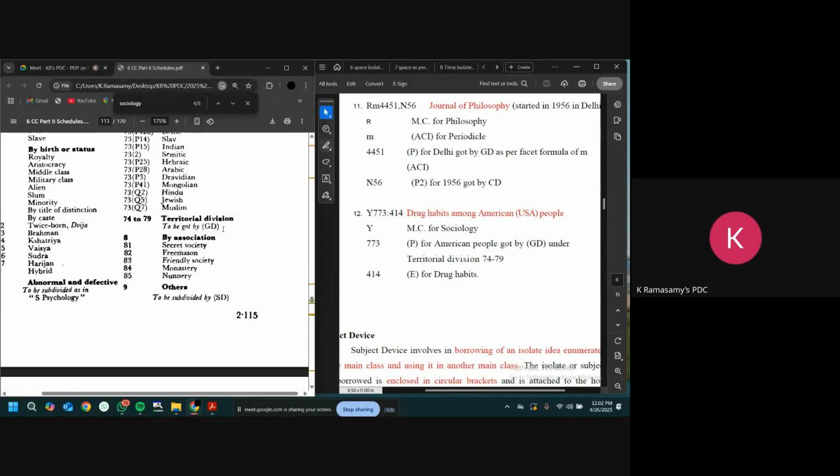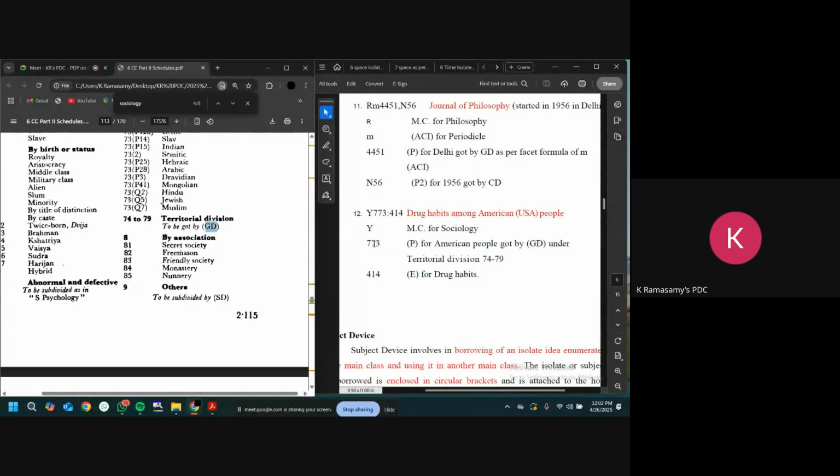Okay, 7.4 to 7.9 means you can take numbers from space isolates, because in space isolates, 4 is Asia, 5 is Europe, 6 is Africa, 7 is America, 8 is Australia, 9 is all the oceans. So you can take numbers from space isolates and use them here to denote people belonging to a particular country. Are you getting the point?